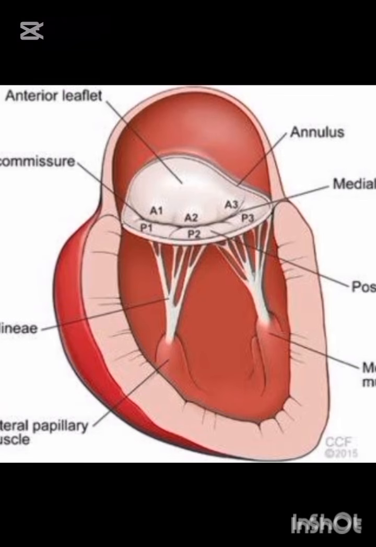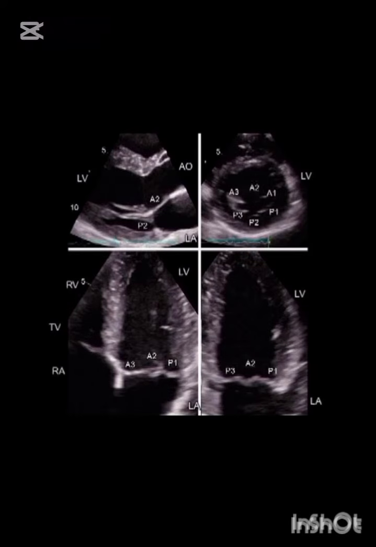This is the schematic diagram, and this is the echo diagram of the mitral leaflets divided into scallops. In the short axis view at the mitral level, all 6 scallops are seen.